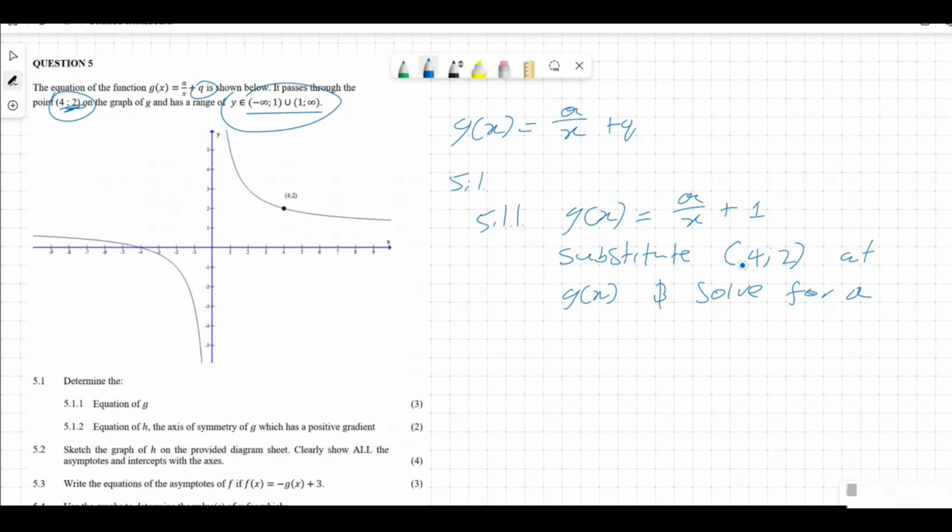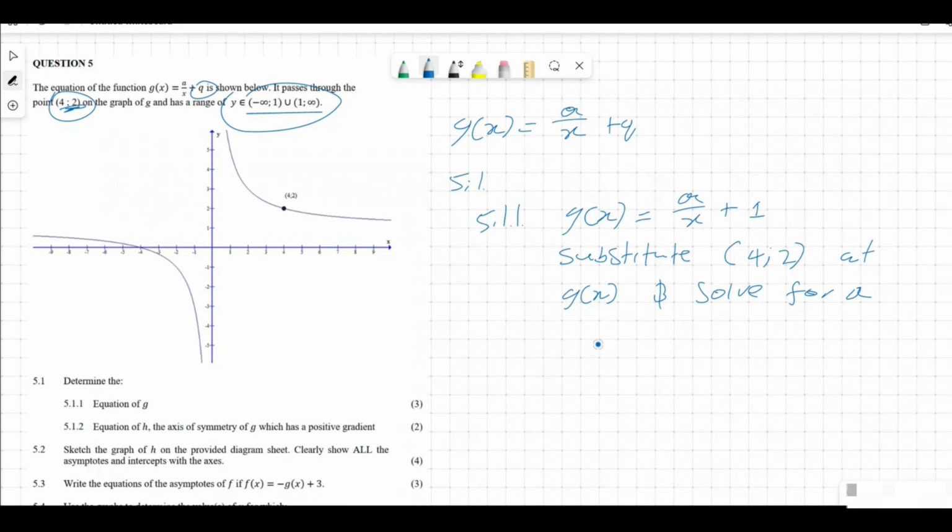If we look at this point, the first value, 4 on the ordered pair, is x. So the value of x in this equation is 4. If we substitute this point, x is going to be 4, and g of x, which is y, is going to be 2. Is that okay?